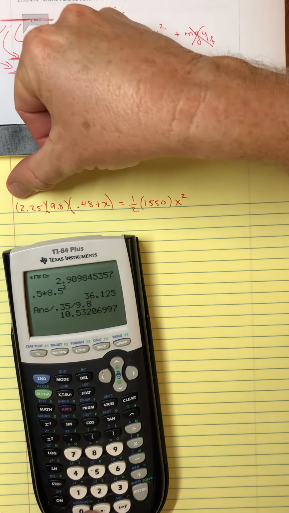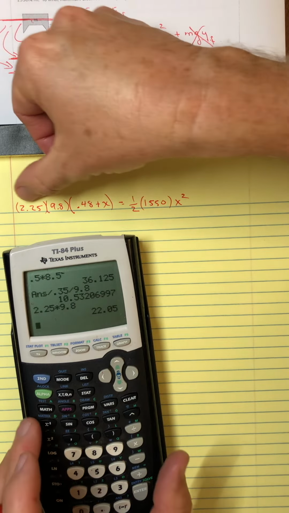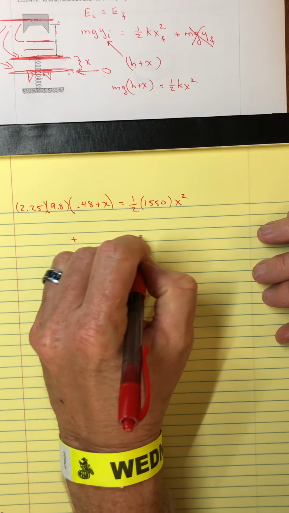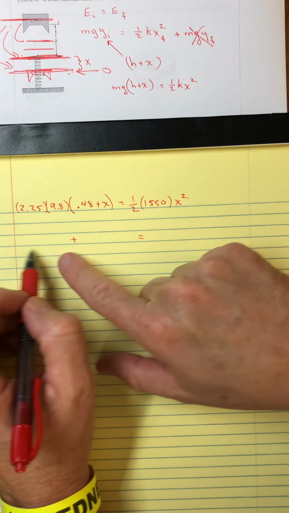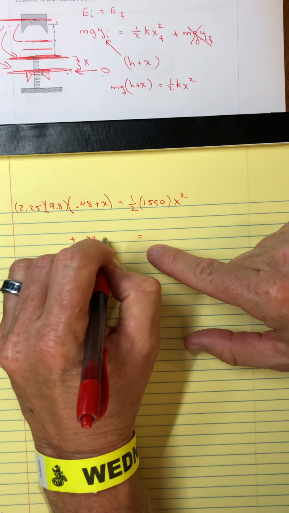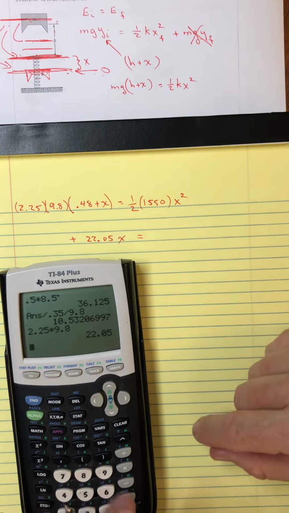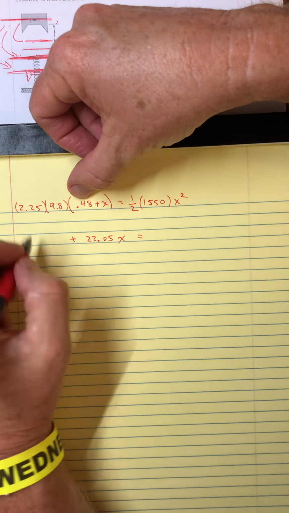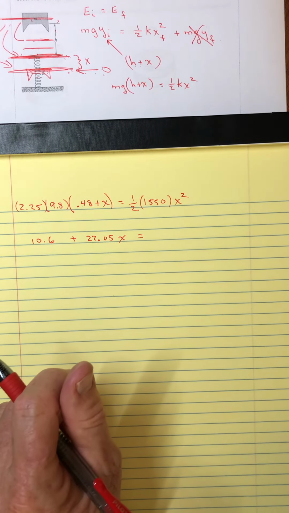So grabbing my calculator, I'd get 2.25 times 9.8, and so this together is 22.05. And then if I do the distributive property, the first one would be times the 0.48. Let me hold off on that one because I just want to write 22.05x for the second term. The first term then would be to take this number and multiply by 0.48. So that'd be about a 10.6. So there's the two terms I have.